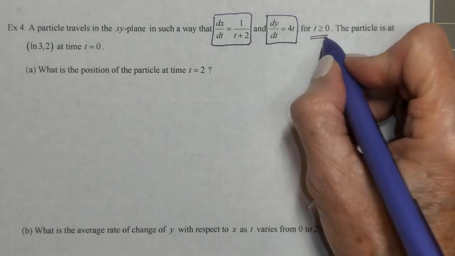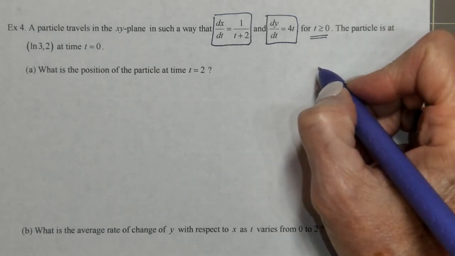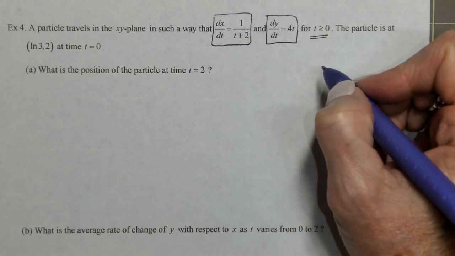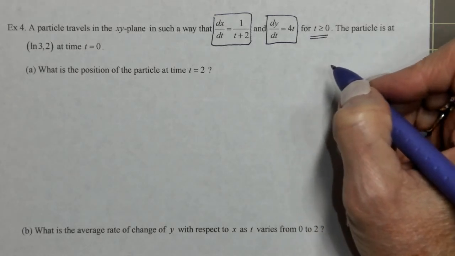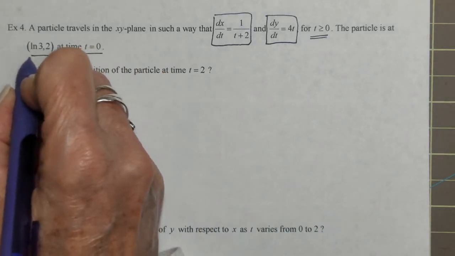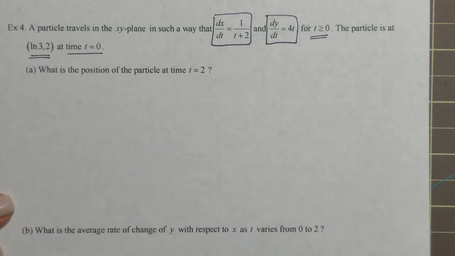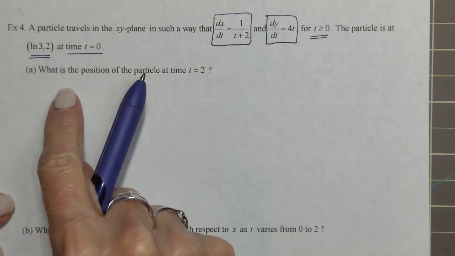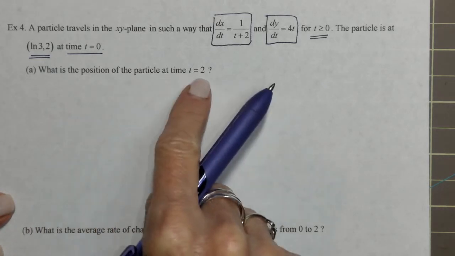They do restrict time to be greater than or equal to 0. Okay? And then they tell us that when the time is 0, the particle is at the position ln of 3, 2. Okay? All right. Part A, what is the position of the particle at time 2?